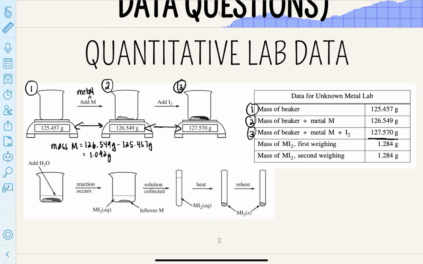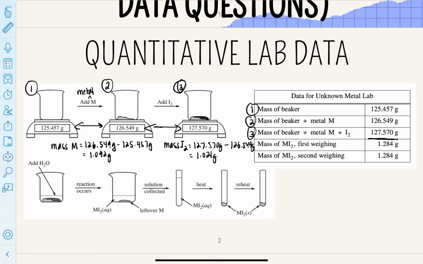So the mass of iodine equals 127.570 grams minus 126.549 grams, and that gives me a mass value of 1.021 grams of iodine.